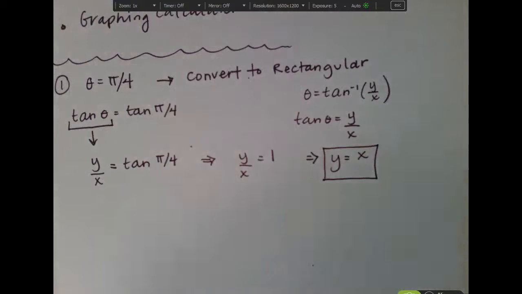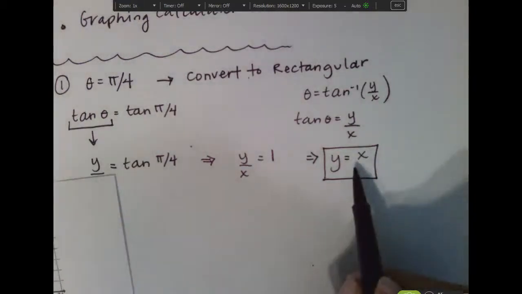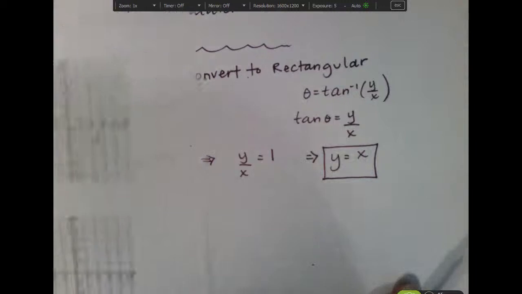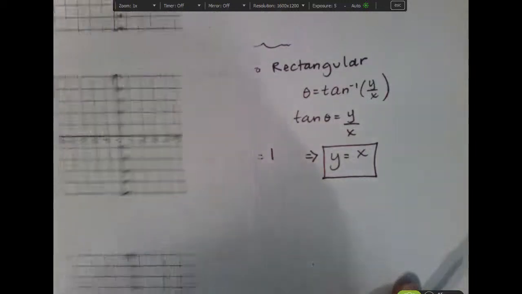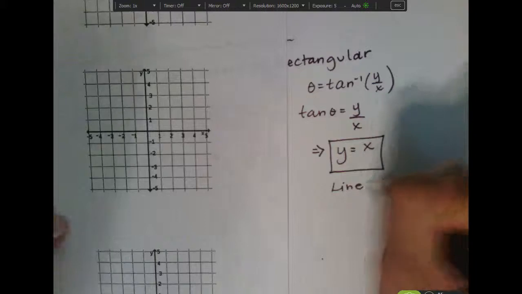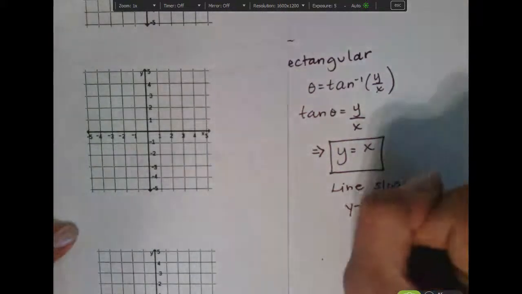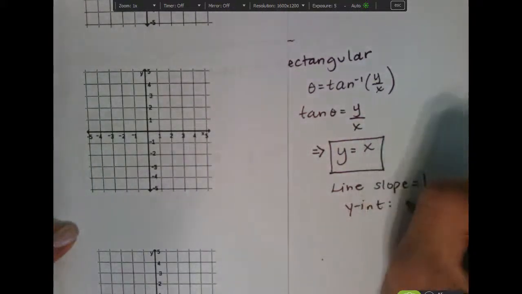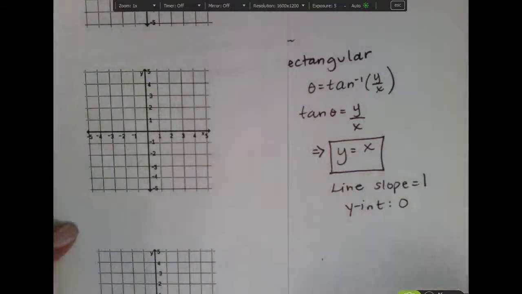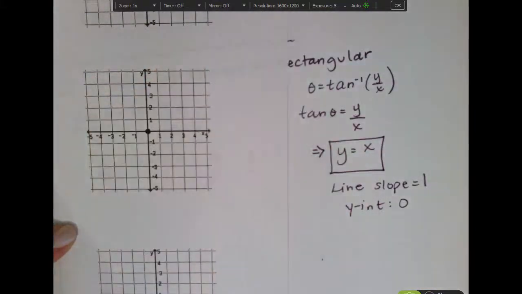So let's look at graphing this function. And again, since it is in rectangular form, I'm going to use a rectangular grid to graph it. We know that it's a line, and it has a slope of 1 and a y-intercept of 0. So a y-intercept of 0 gives me the point (0, 0).